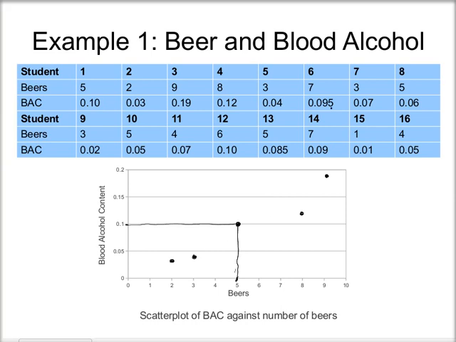I have another student who drank 7 beers and whose blood alcohol content was 0.095, so very close to 0.1 here, just below that line.